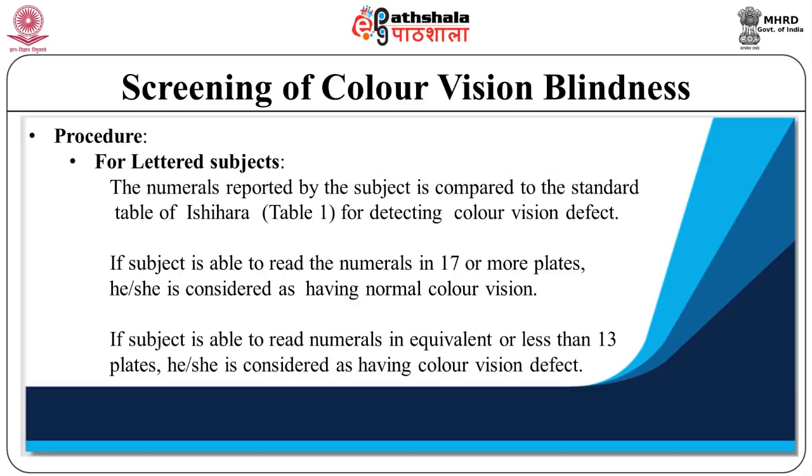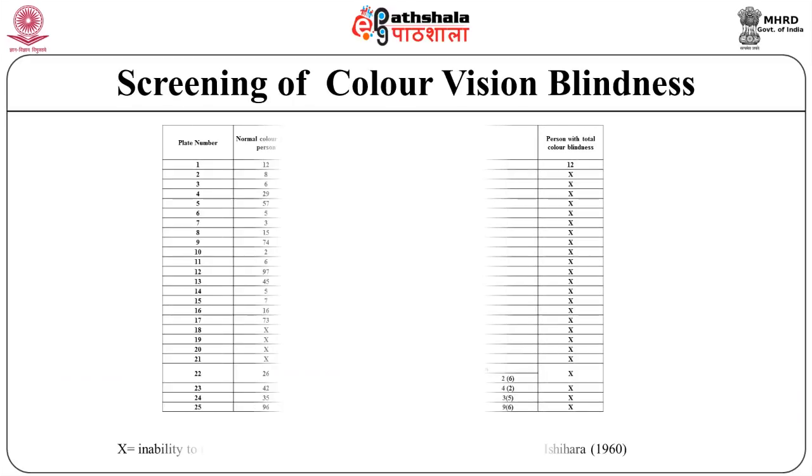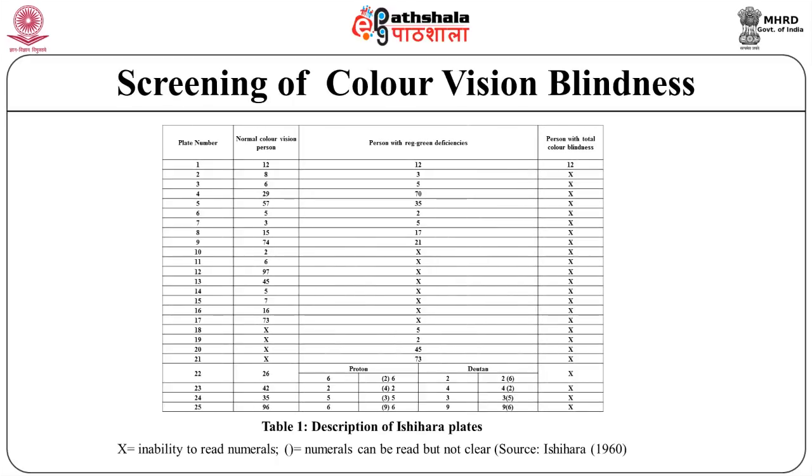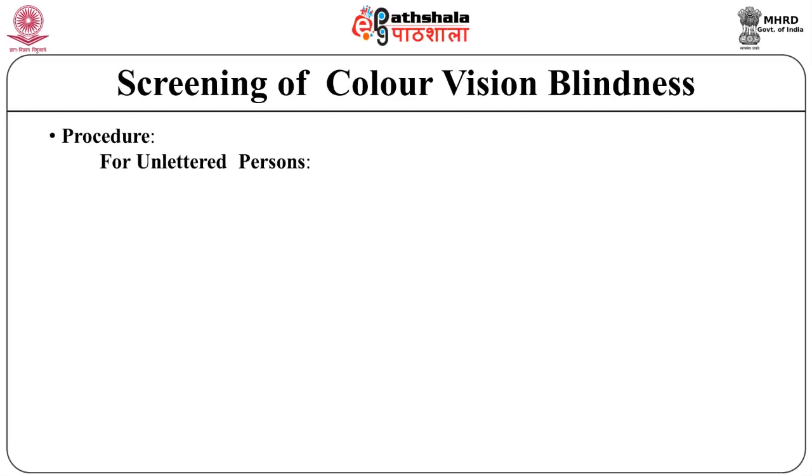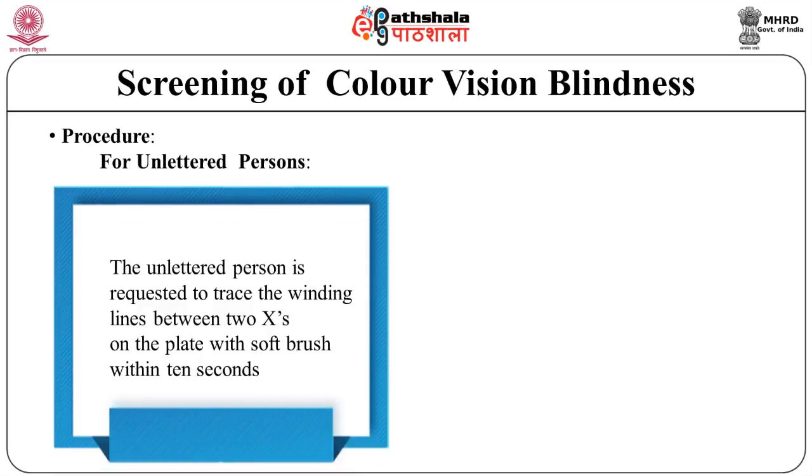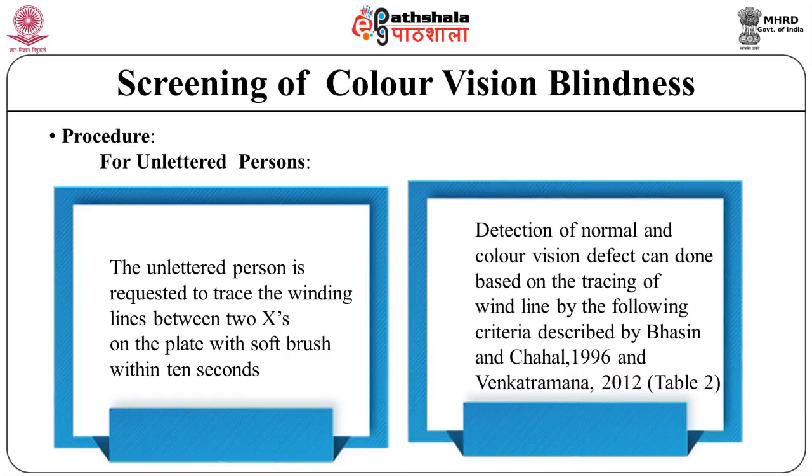If the subject is able to read numerals in 13 or fewer plates, he or she is considered to have a color vision defect. There is a description of Ishihara plates in the given table. So how do we help the non-literate people? The unlettered person is requested to trace the winding line between two X's on the plate with a soft brush within 10 seconds.